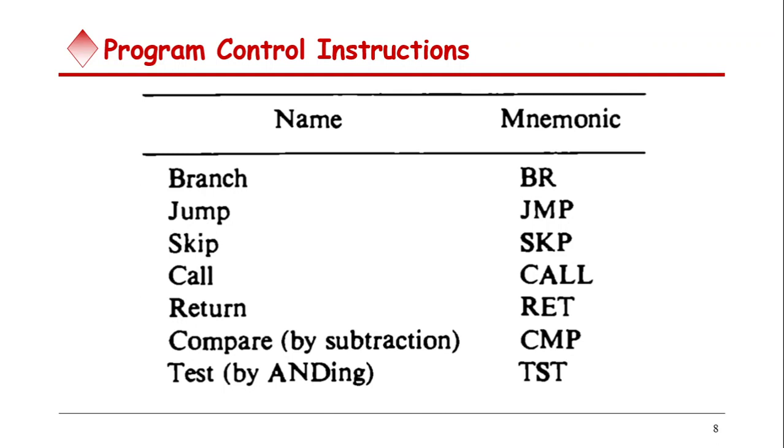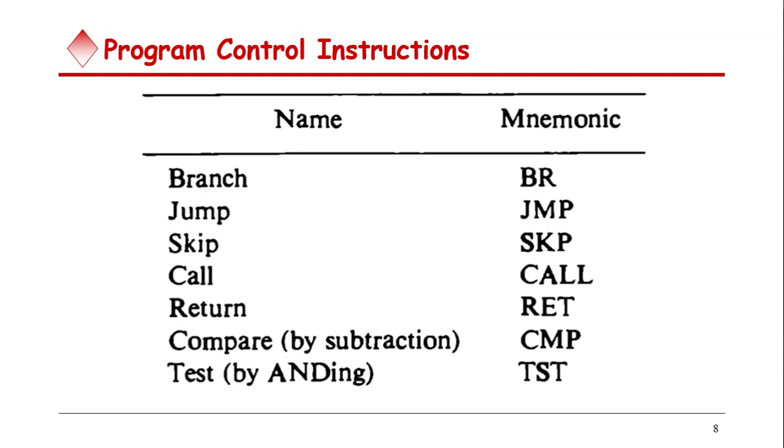The conditional branch instruction specifies a condition such as branch if positive, branch if zero. If the condition is met, the program counter is loaded with the branch address and the next instruction is taken from that address. If the condition is not met, the program counter is not changed and the next instruction is taken from the next location in sequence.